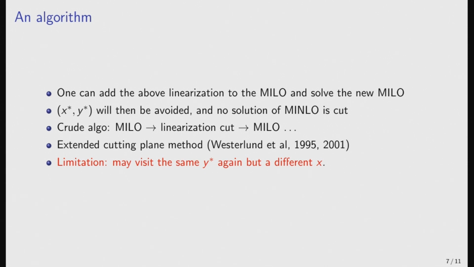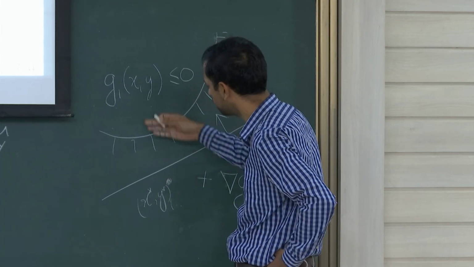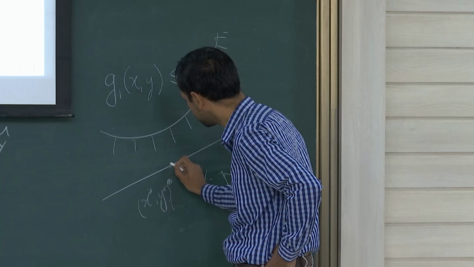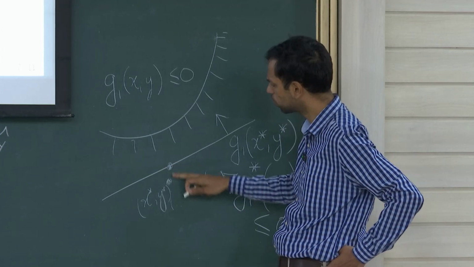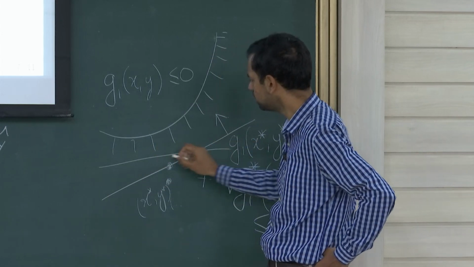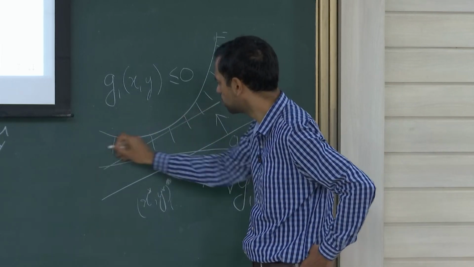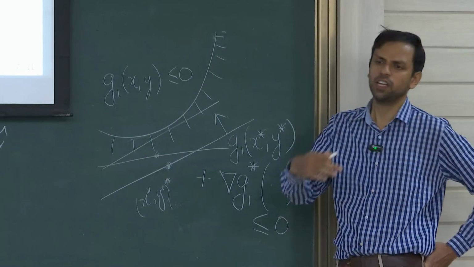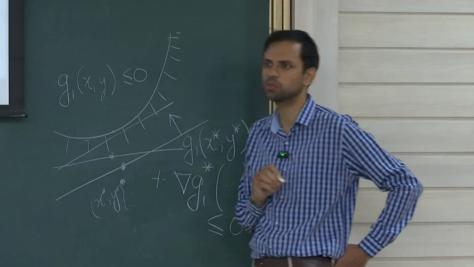One limitation of this is that once you add this inequality, in the next iteration when you solve the MILO again, you might progress a little bit further towards the feasible region, and then you add another linearization, then you might progress further, then some more, and only in the limit you might be able to reach this particular feasible point.